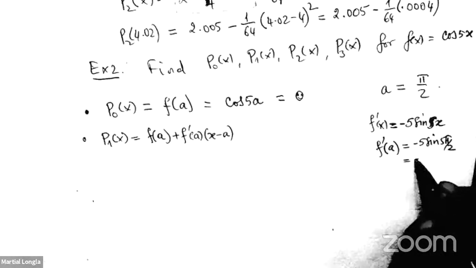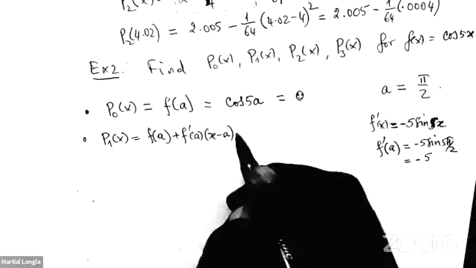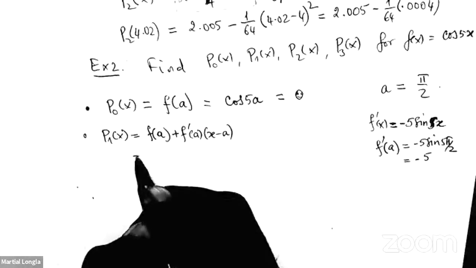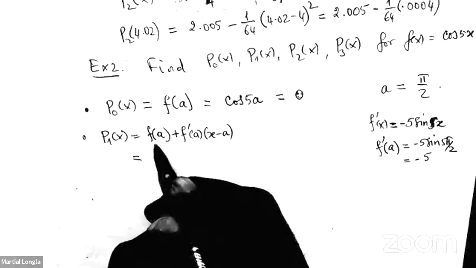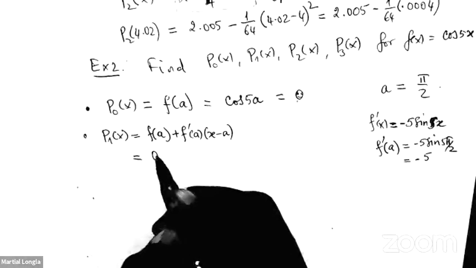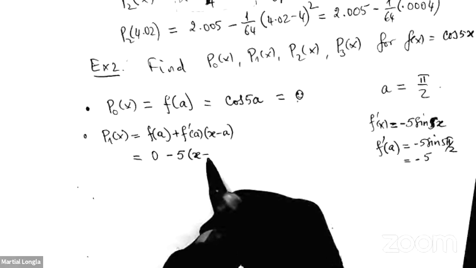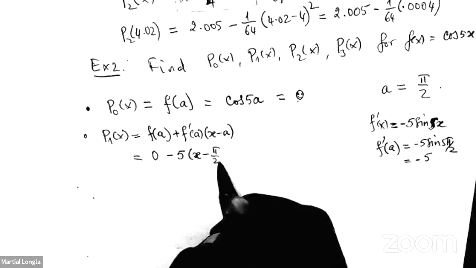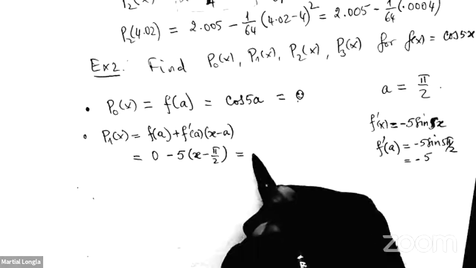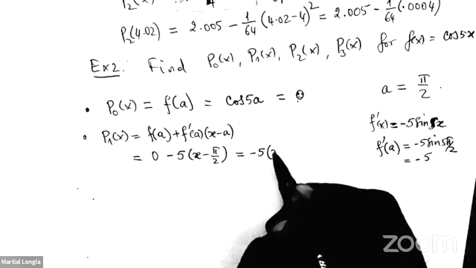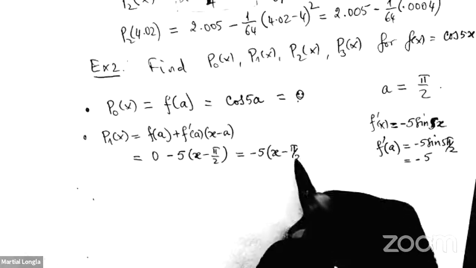So that's negative 5. So this P1 of x is 0, minus 5 times x minus pi over 2, that's it. That's what P1 is.